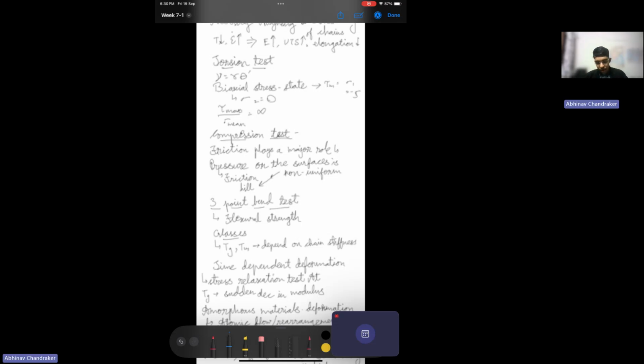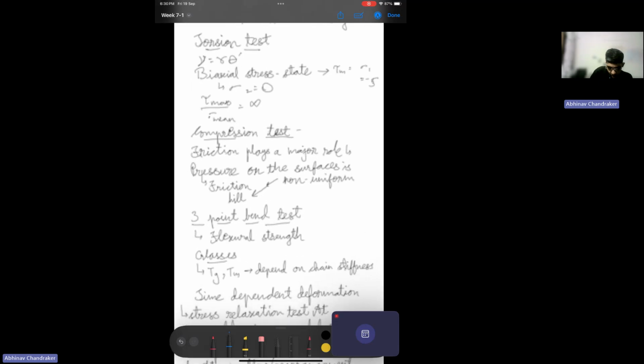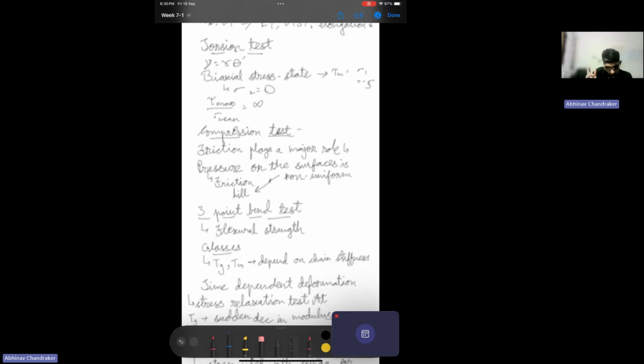In a Mohr's circle diagram you can see how it is biaxial. I won't show here, but that is important to understand.